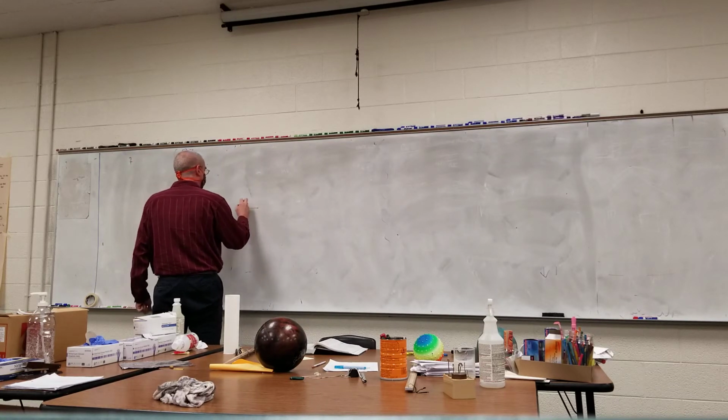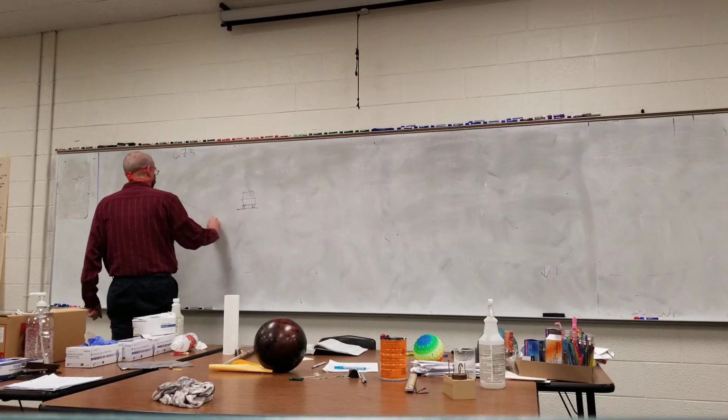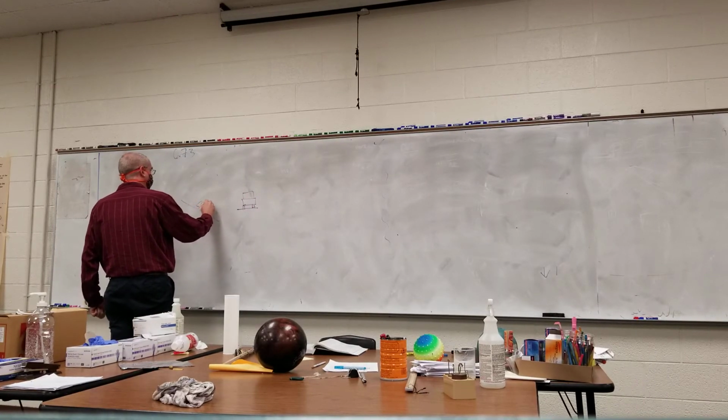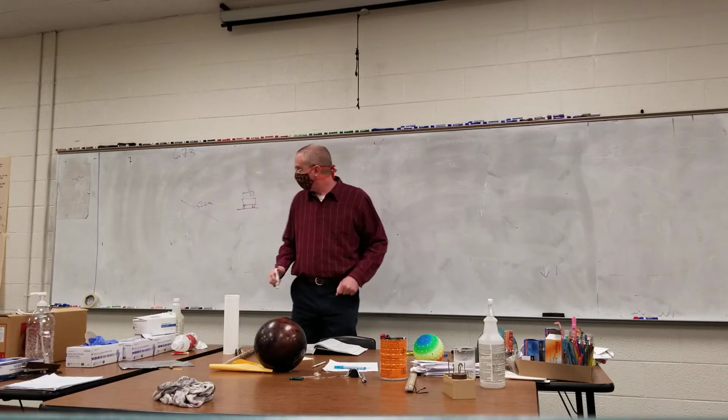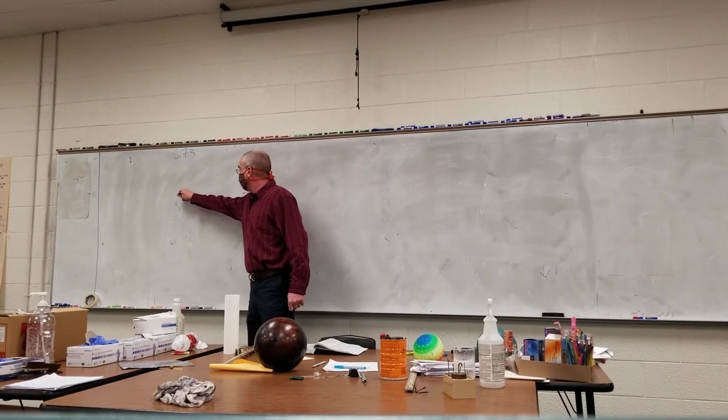Now let's do a back view. That's supposed to be a car. Radius of curvature was 500 meters. So the car at this point right here, going that way.